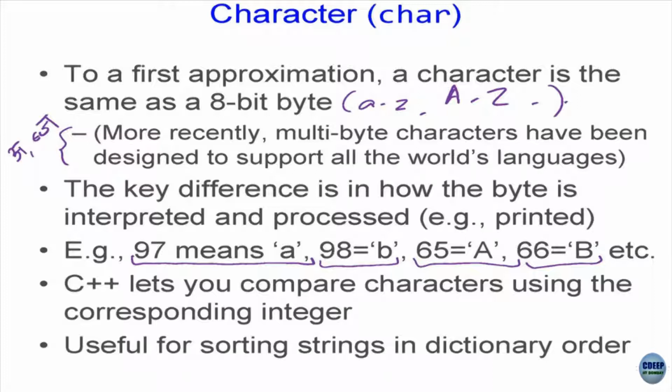You might want to give each of these some explicit representation in your byte sequence, in which case people have started looking at multi-byte characters. But otherwise, we'll assume that we are talking about chars which are 8-bit bytes. So 97, for example, means small a, 98 equals small b, 65 is capital A, 66 is capital B, and so on.